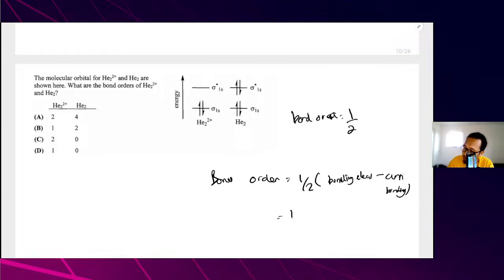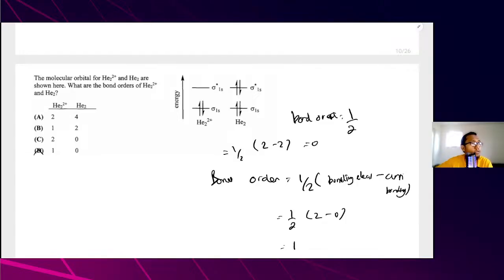So it will be half of 2 minus 0, so it will be 1. And for this one, it will be half of 2 minus 2, so it will be 0. So 1 and 0. It will be T for the answer.